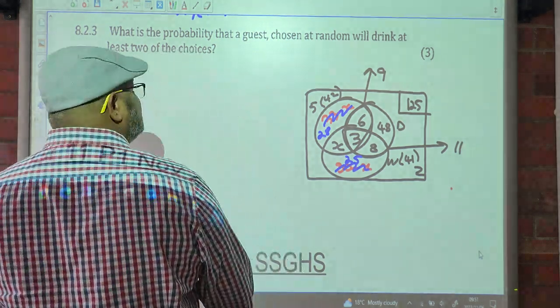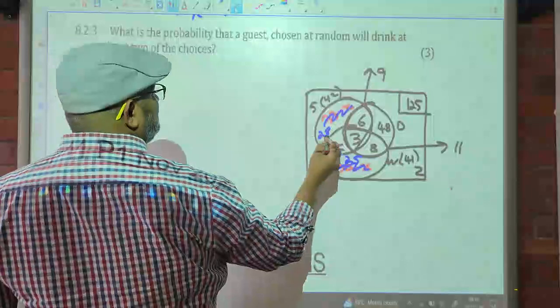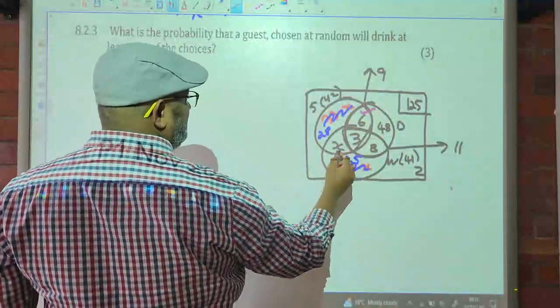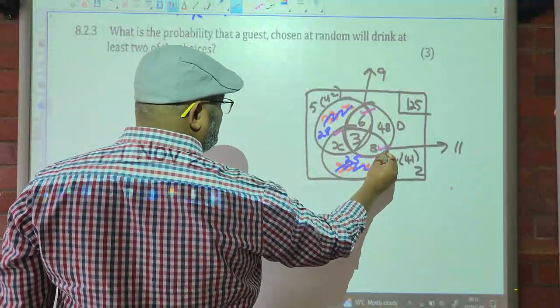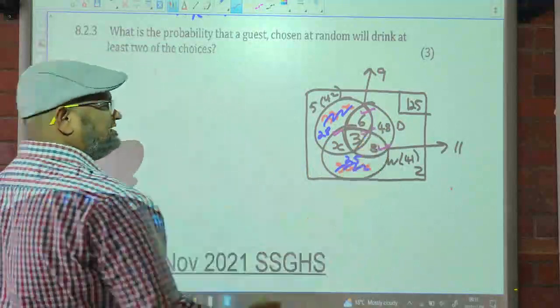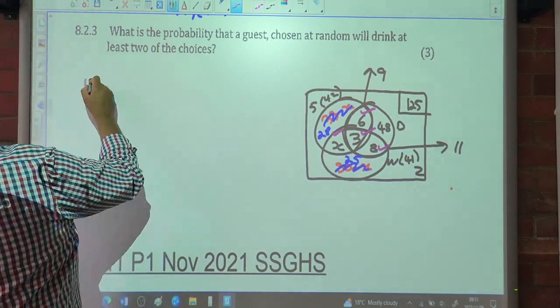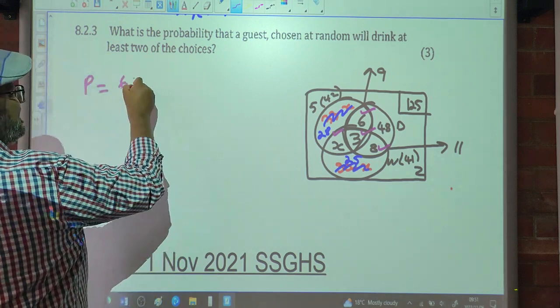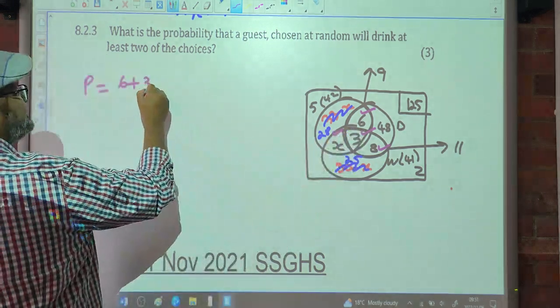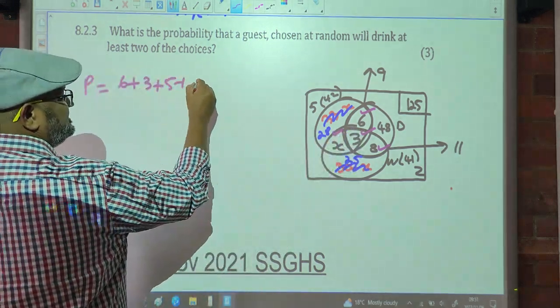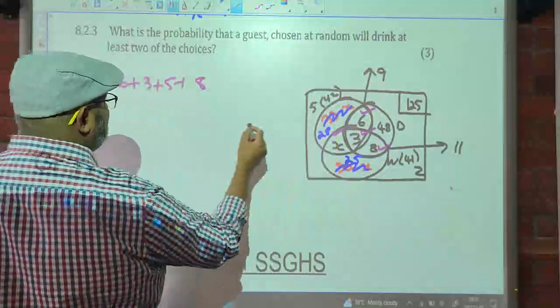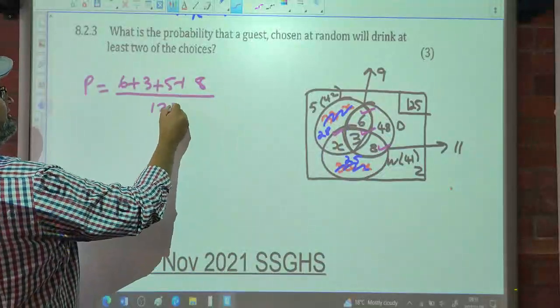So in other words, with at least two, I'm going to consider everyone drinking two, plus the people drinking three. So if it is at least two, it can be more. Not so. So the probability there would be 6 plus 3 plus 5 plus 8. This is all over 125.